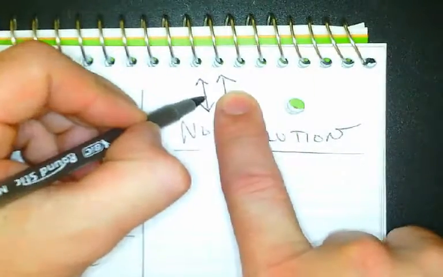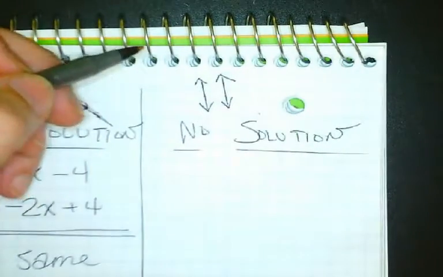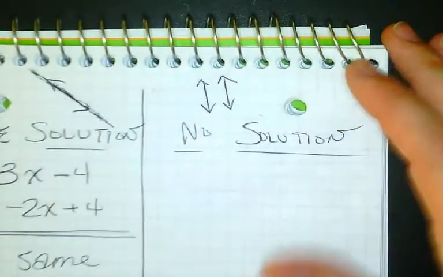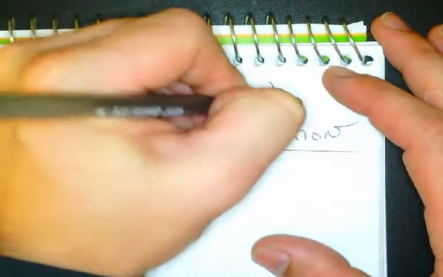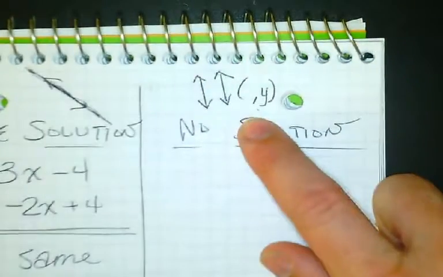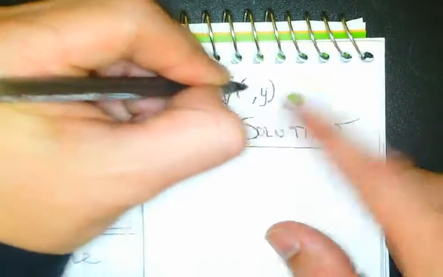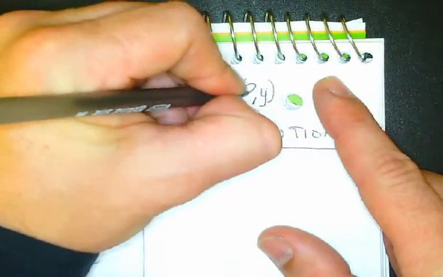Okay, no cruzan. Es porque tenemos solamente este Y. No hay una X. So, we can't put the X there, but we could probably put a question mark.